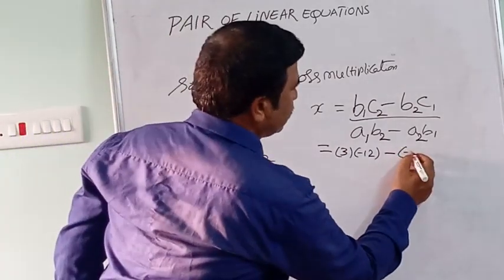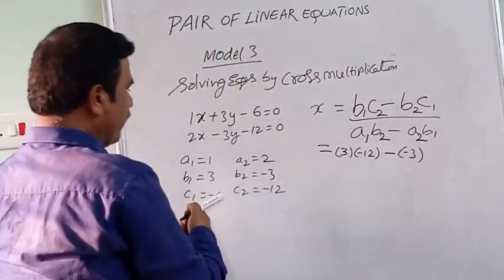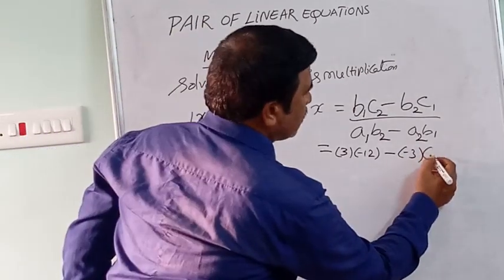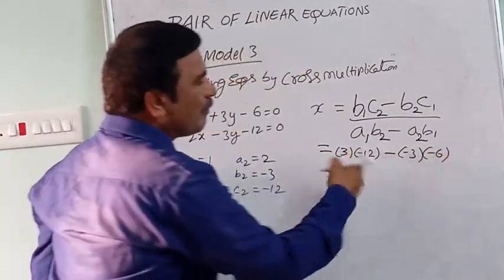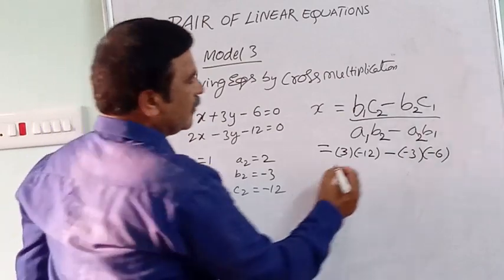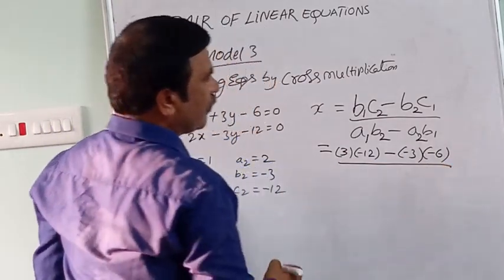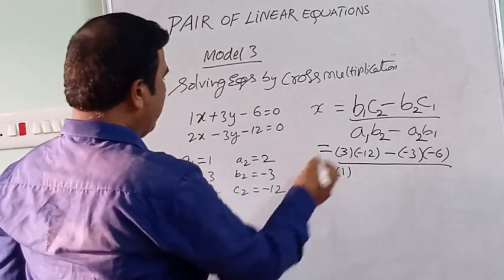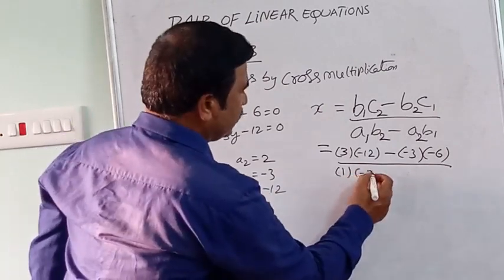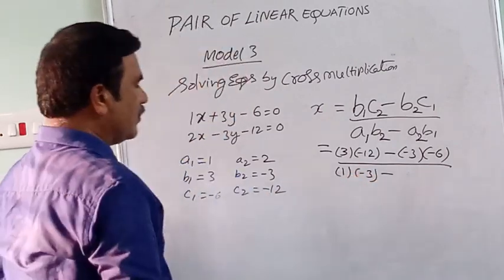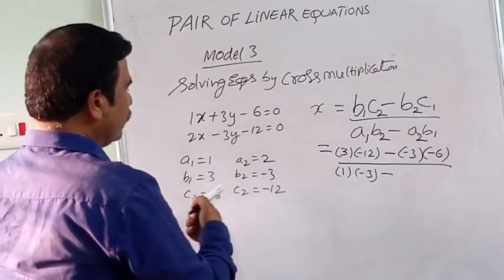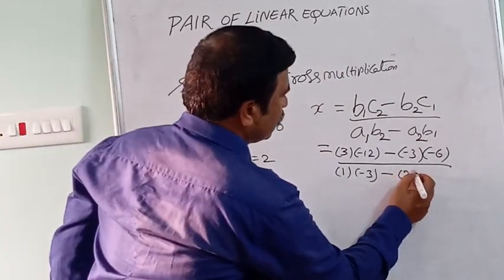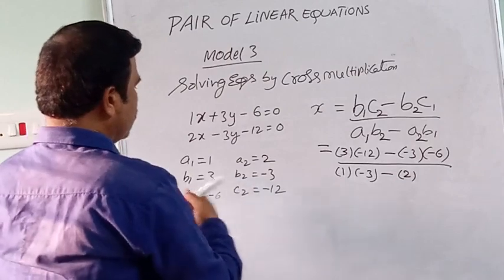Minus 3, and C1 how much? Minus 6. That is why I told you to write brackets in multiplication. By A1, 1 only, B2 minus 3, minus minus only, A2 2, B1 3.